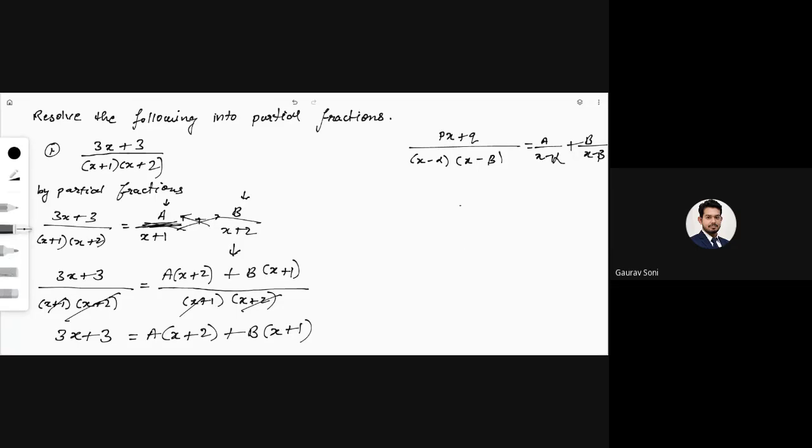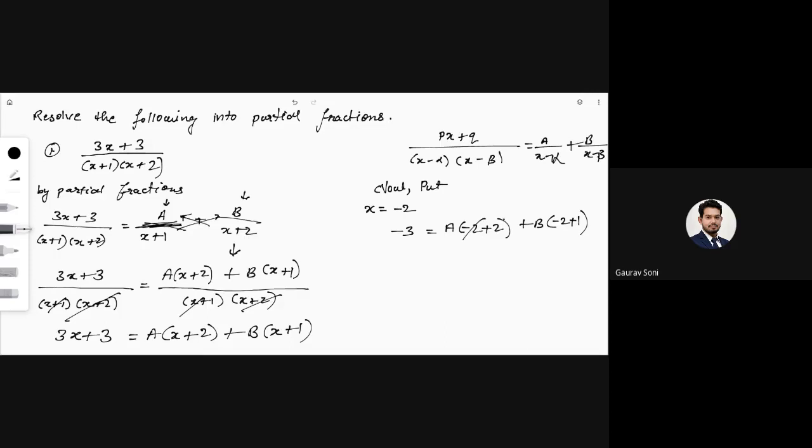Now, put x is equal to minus 2. What you will get: x is equal to minus 2 means the left hand side will be minus 6 plus 3, which is minus 3, is equal to a into (minus 2 plus 2) plus b into (minus 2 plus 1).